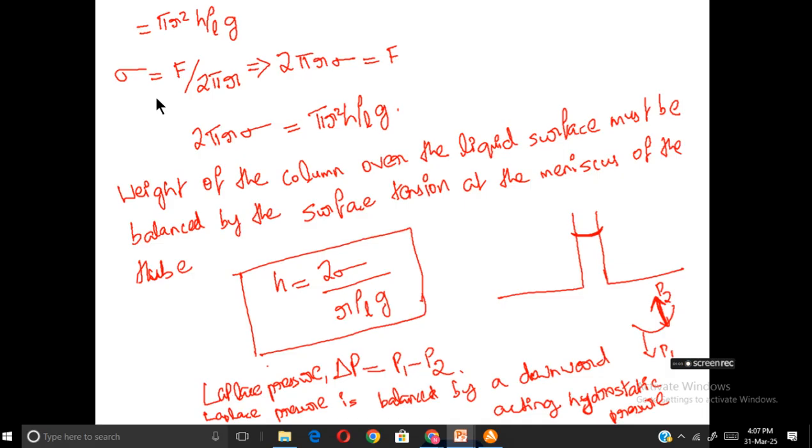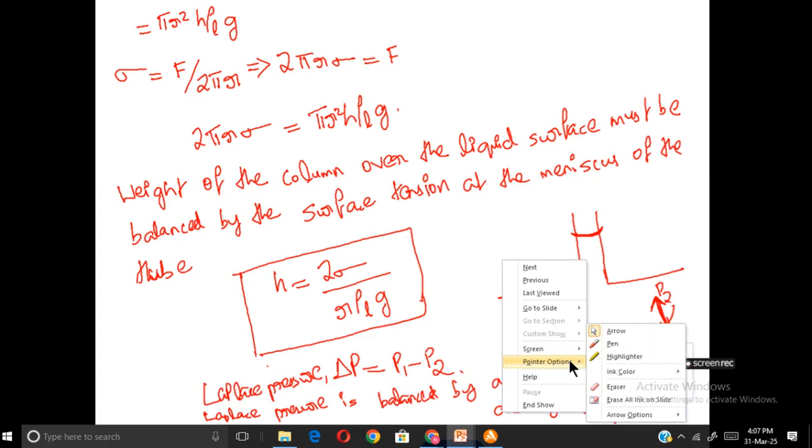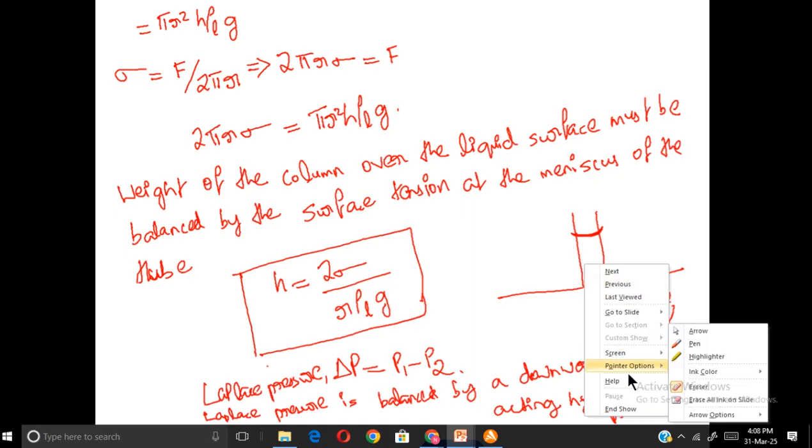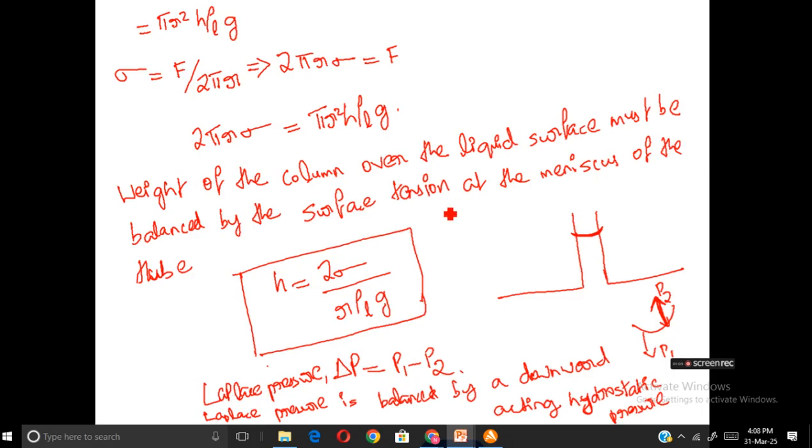So we can write dP by dz is equal to minus rho g. And if we are integrating from E of 0, which is the liquid surface, to E of h. So this is the vapor pressure at the surface, E of 0, and this is at the height h.